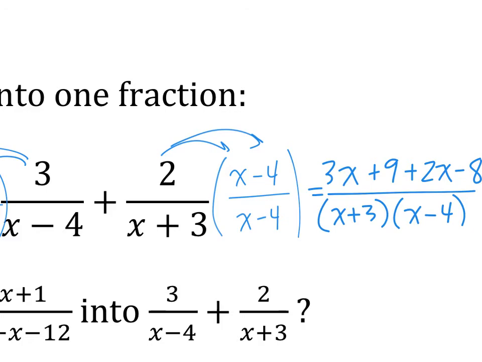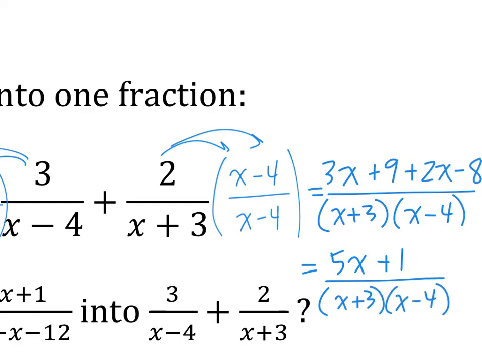And then we try to combine like terms. That's going to be 5x plus 1 over x plus 3, x minus 4. Good? So that's the Algebra 2 review.